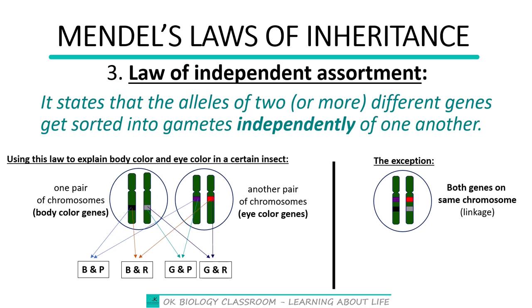So that means whenever the black body color is passed on to the gamete, it goes together with the purple eye color gene. And whenever the gray body color gene is passed on to the gamete, it goes with the red eye color gene. So that creates an exception to this particular law of independent assortment, that any form of combination is possible, but not really the case all the time.